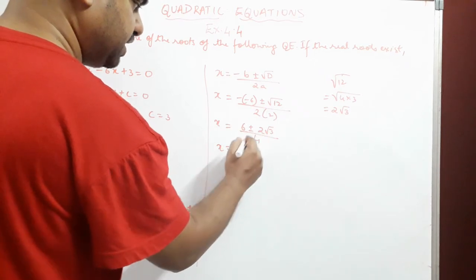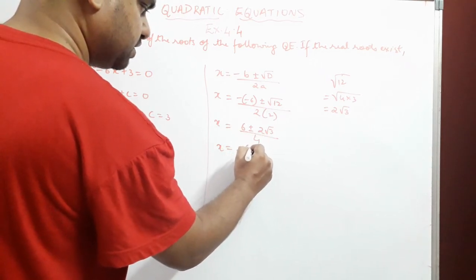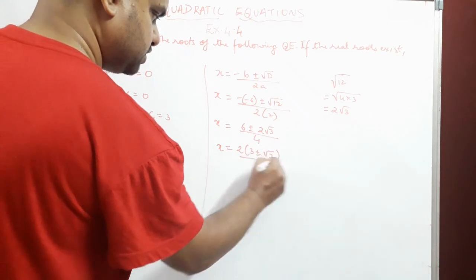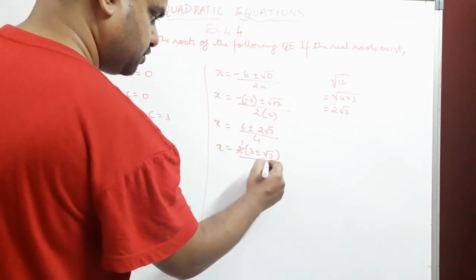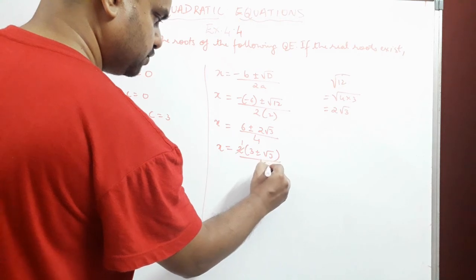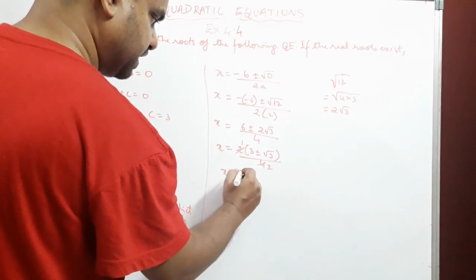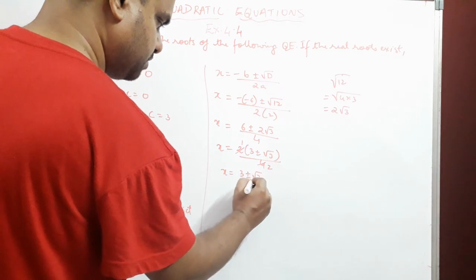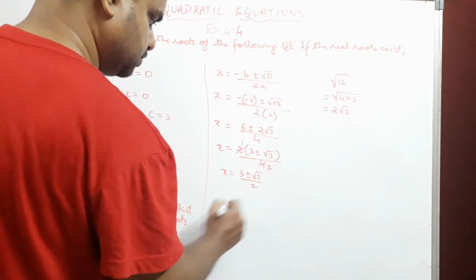Over here we can take 2 common. We are left with 3 plus or minus root 3 whole thing upon 4. We can divide here, 2 1s are 2, 2 2s are 4, and we are left with x equal to 3 plus or minus root 3 upon 2.